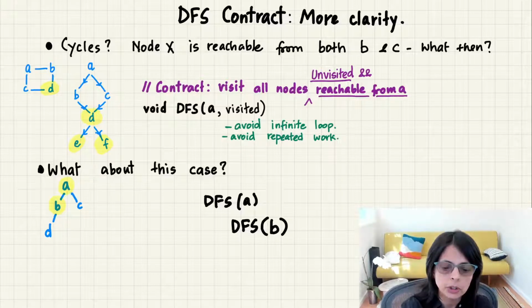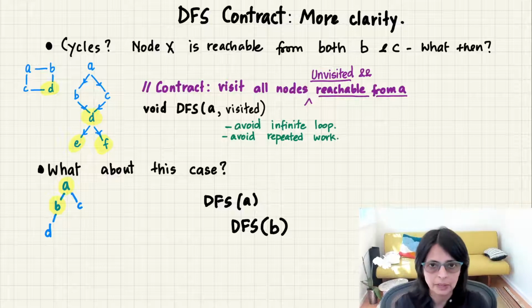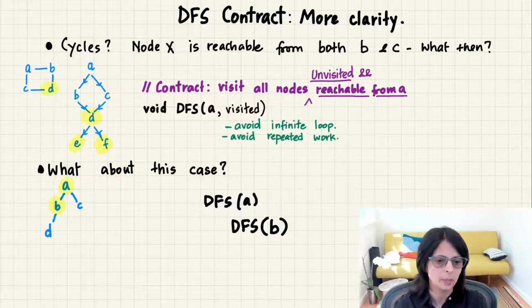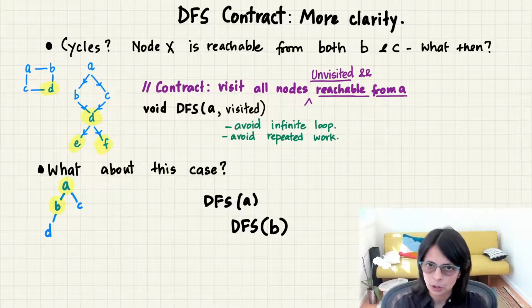What if the node D is reachable from both B and C? If we are doing depth first search on A, it has two neighbors, B and C. Should depth first search of B and depth first search of C both cover node D?